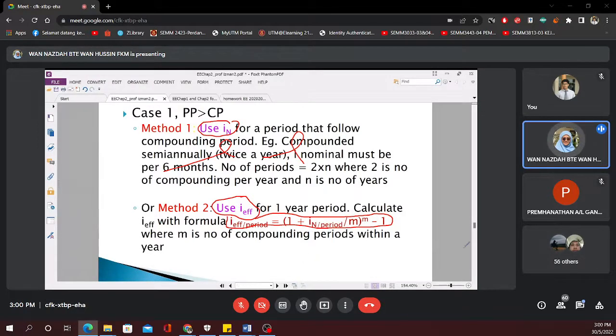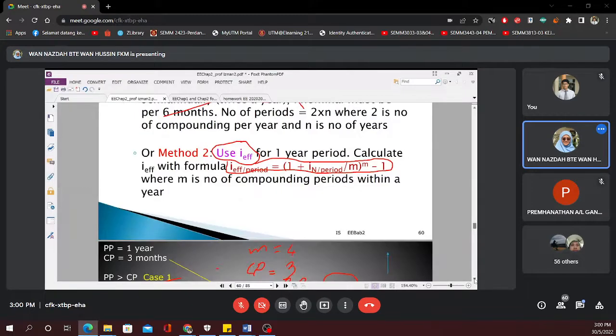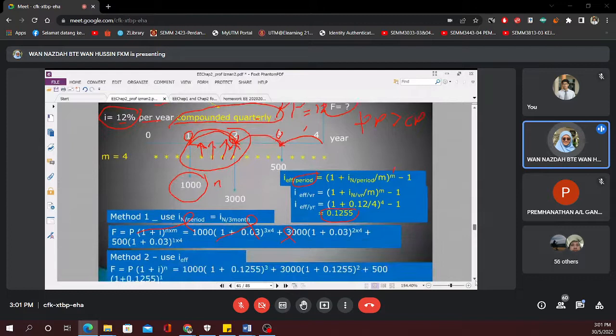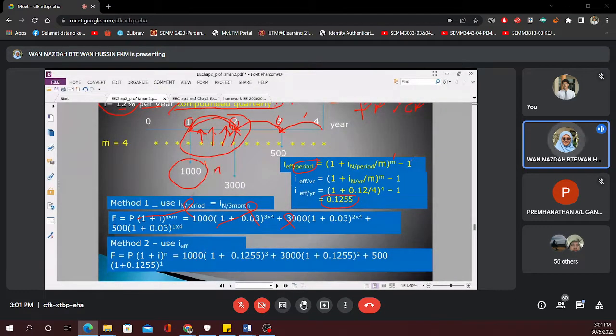Okey, maka kita bolehlah mencari F kita ni dengan menggunakan I effective. So macam biasalah, okey. So what is future value for P equals to 1,000? Okay. So your I effective is 12.55%. So your N in this case, you're looking for F at N equals to 4. So ada berapa?